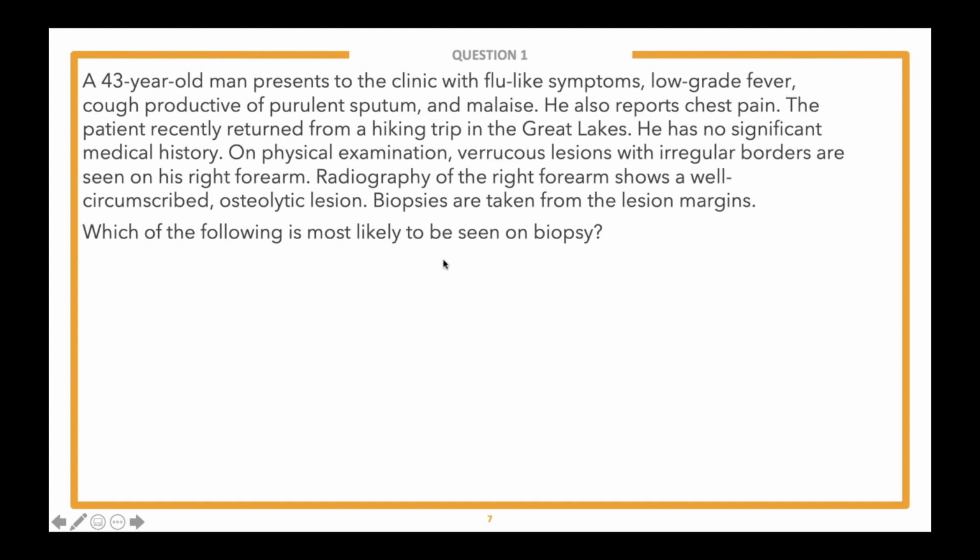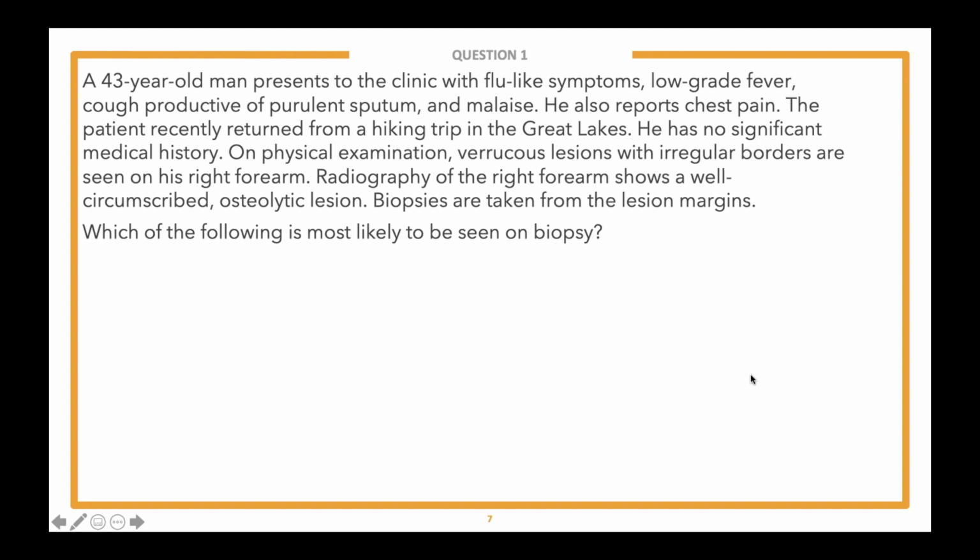A 43-year-old man presents to the clinic with flu-like symptoms, low-grade fever, cough productive of purulent sputum, and malaise. He also reports chest pain. The patient recently returned from a hiking trip in the Great Lakes. He has no significant medical history.